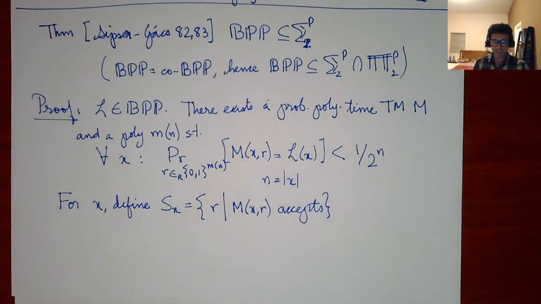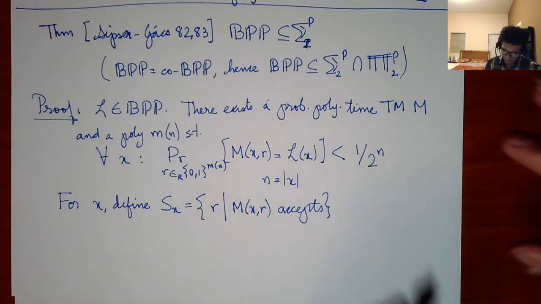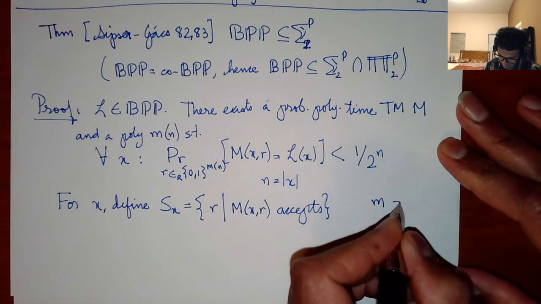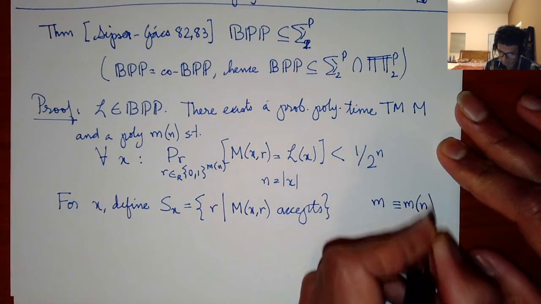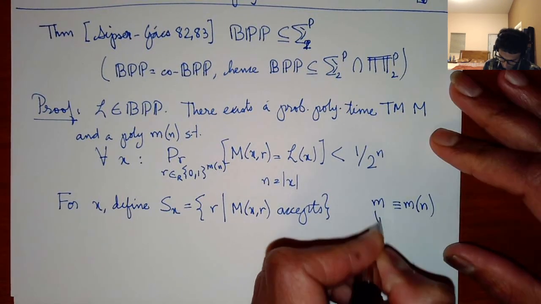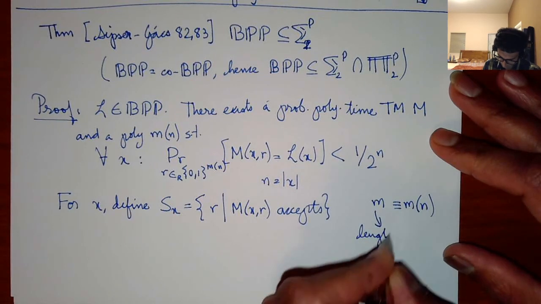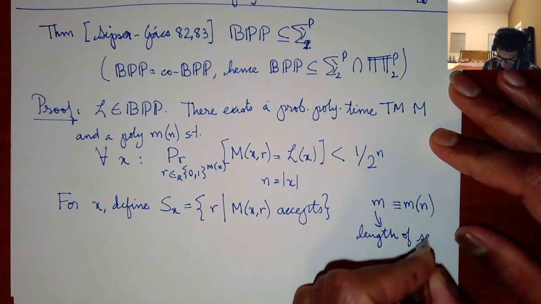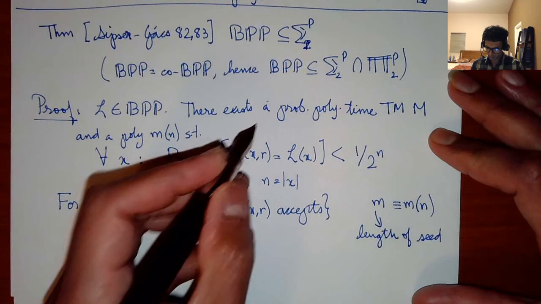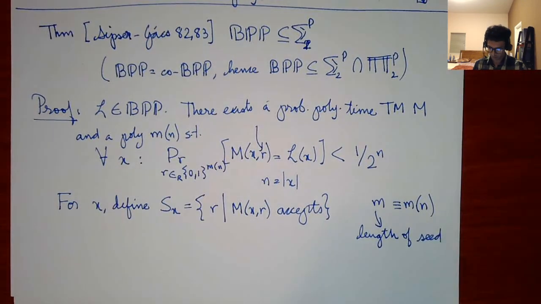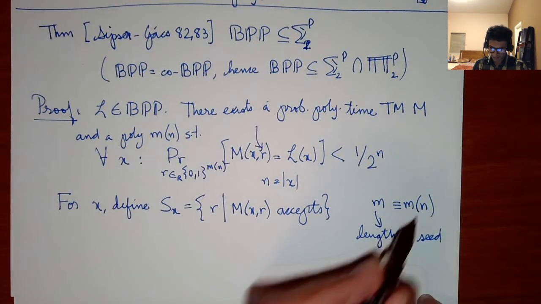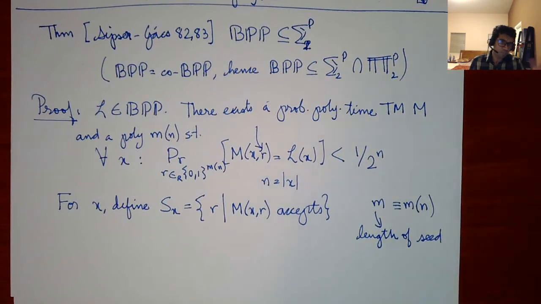Okay, so let's define S of x. And for convenience, I'm just going to say m as opposed to m of n. So m is the length of the seed, and n is, of course, the length of the input. m could be larger than n.